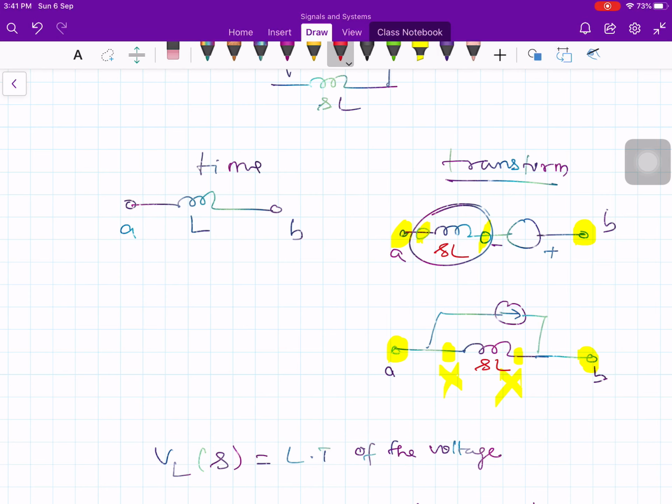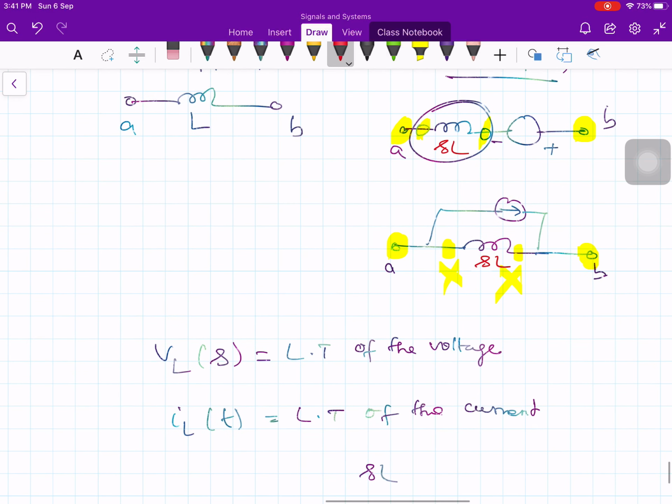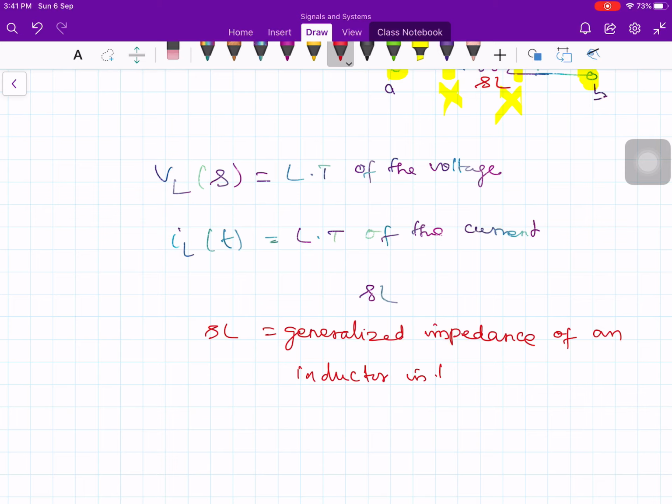So in the transformed domain the element strength is SL, and this SL is called the generalized impedance of an inductor in the transformed domain. That's it.